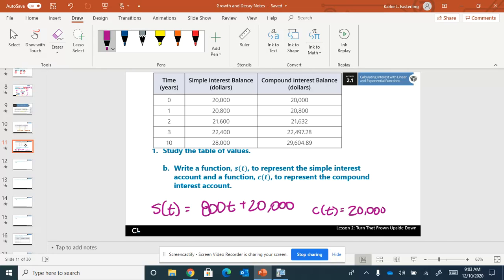We're going to take our second value divided by that first value. And hopefully you get, double checking my work here real fast, I got 1.04. So this is times 1.04 to the x power.